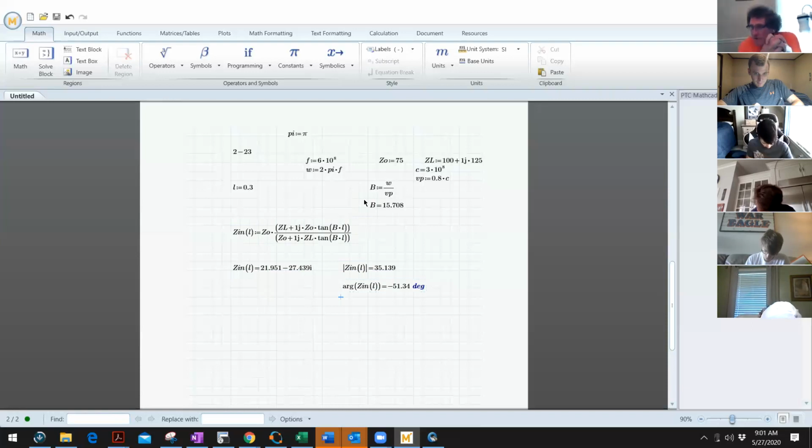Now, you have calculators. How many got that for magnitude and angle, or real and imaginary part, for ZL? Go ahead and try it. You're going to see you're going to make lots of mistakes. A lot of it has to do with the arguments of the tan function. That should be in radians.